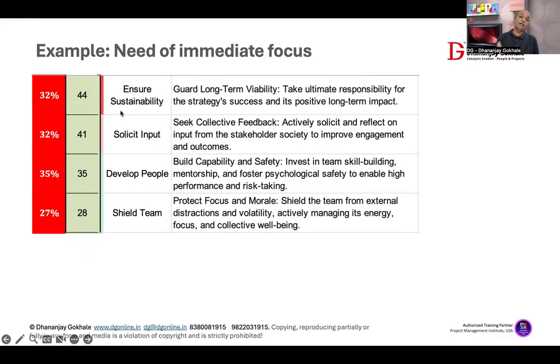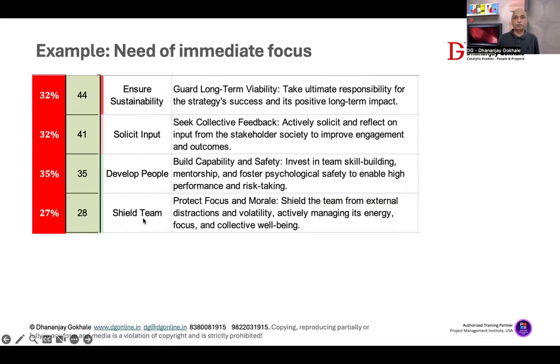However, collectively as 12, this is the set of areas where we need immediate attention. Once again, this doesn't mean that all 12 are extremely least competent or least strength. One or two people are wonderful in this area as well. For example, ensure sustainability or shielding the team.